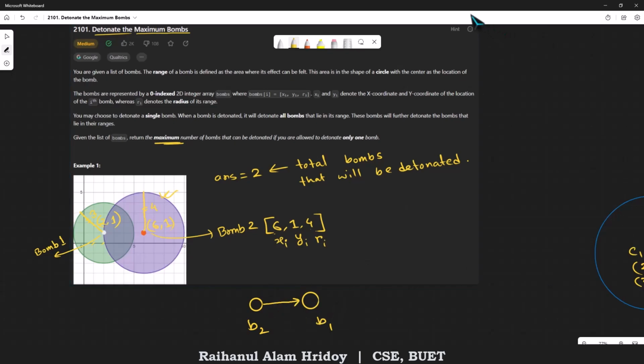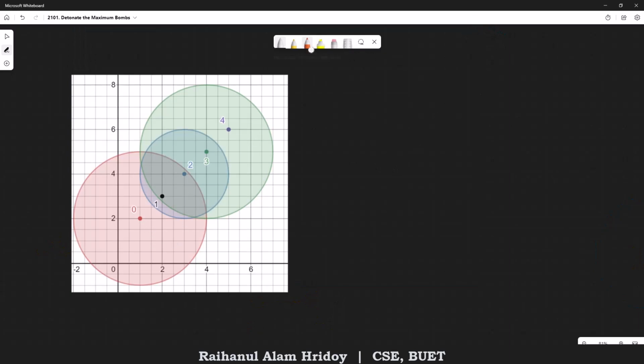Let's see another example. Here we have a lot of bombs, so let's just mark them here. Which one detonates which one, that's a tricky part. Here we can see that bomb 4 will detonate a lot of bombs, right? If we first detonate bomb 0, in its radius bomb 1 and bomb 2 are in.